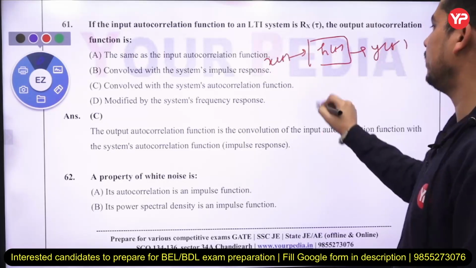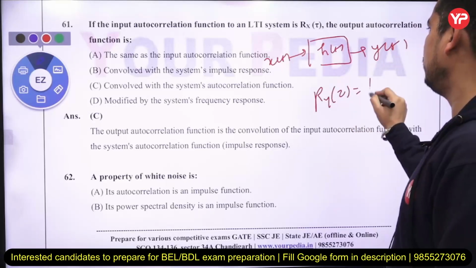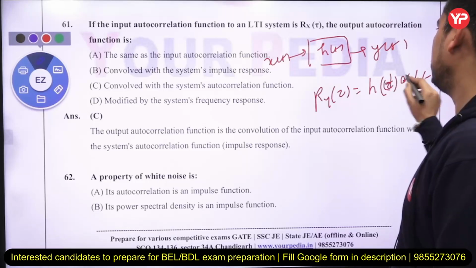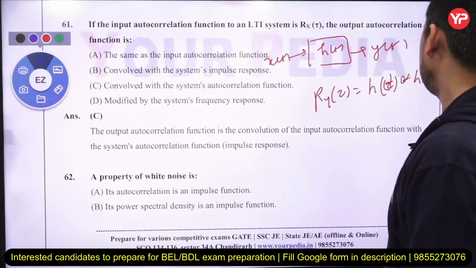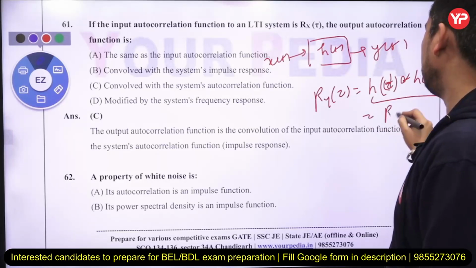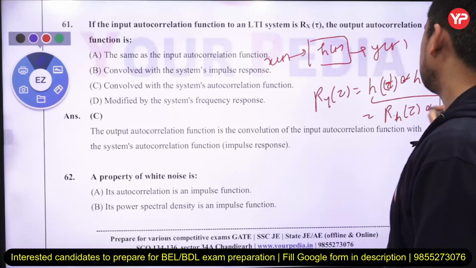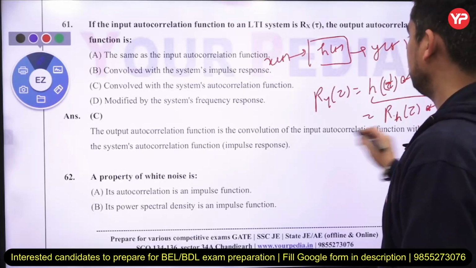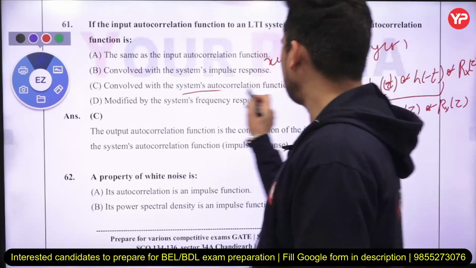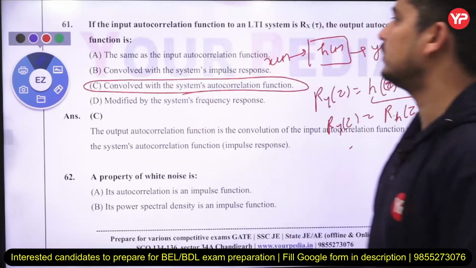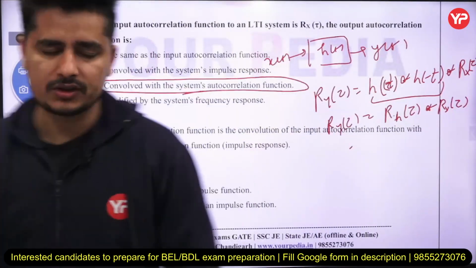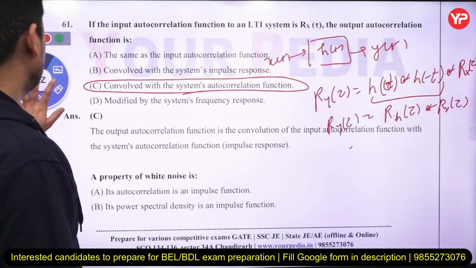Whenever we are talking about Ry(tau), that will be h(tau) convolved with h(-tau), convolved with Rx(tau). Generally, this is Rh(tau) convolved with Rx(tau). So it is the convolution of the system autocorrelation function with the input autocorrelation function, and then you get the output autocorrelation function.